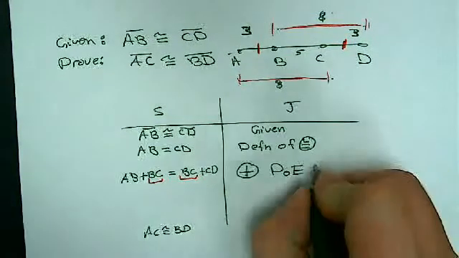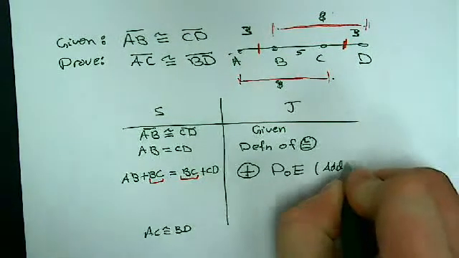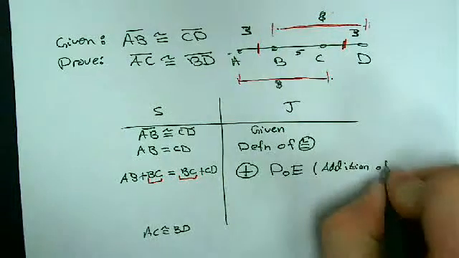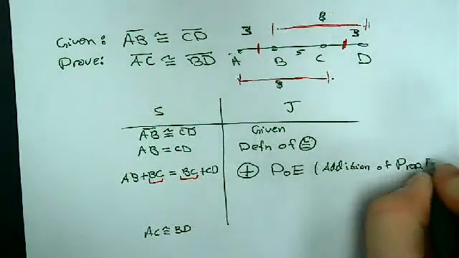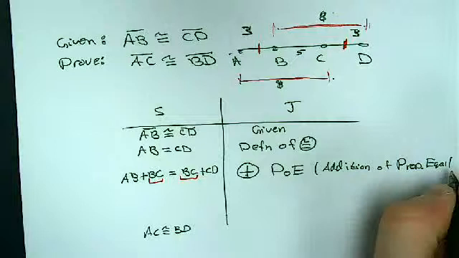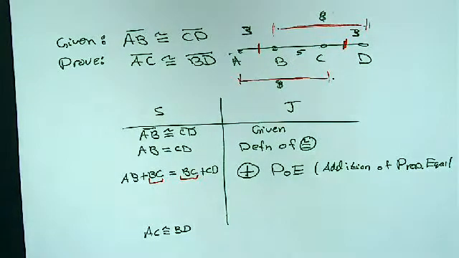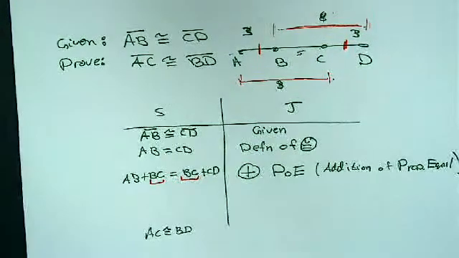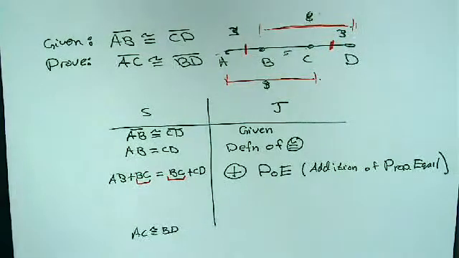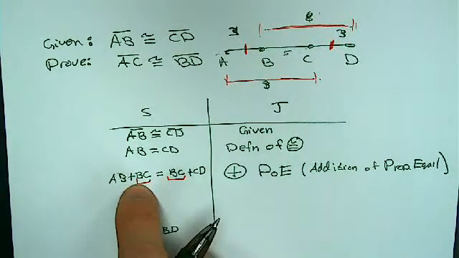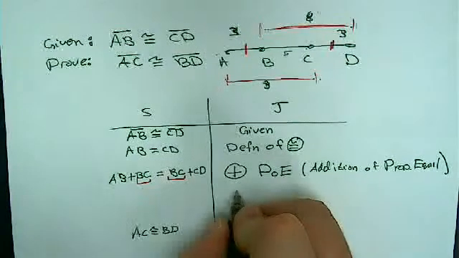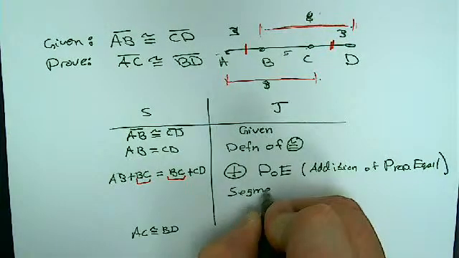And until you get real confident with the shorthand, it doesn't hurt to write it out longhand. Addition property of equality. I'll give you a hint. The next step, we're going to use the segment addition postulate.